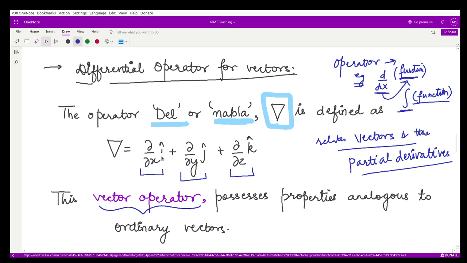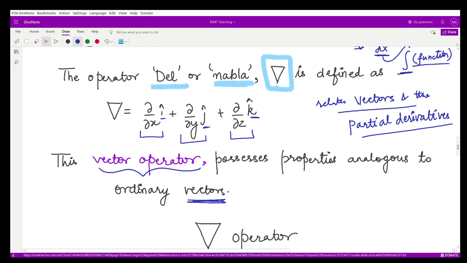It is a vector operator because here you can see the directions involved, i cap, j cap and k cap, and moreover this operator behaves similar to ordinary vectors, so I can say it could behave as a vector.